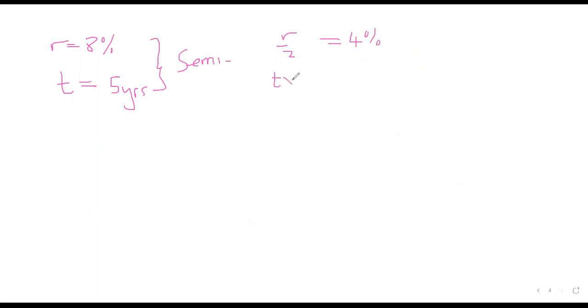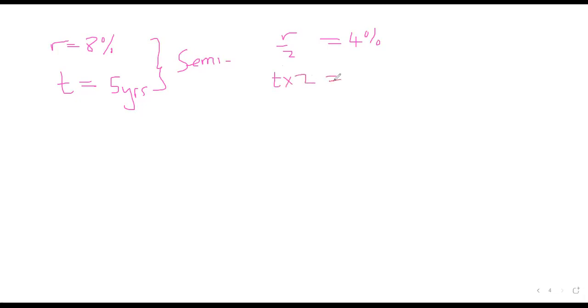So if we're given our interest rate as 8% and our time is given as 5 years, and we're told this is semi-annual, what happens to the interest of 8%? It would be divided by 2. So instead of 8%, we're going to use what? 4%. Are we following?